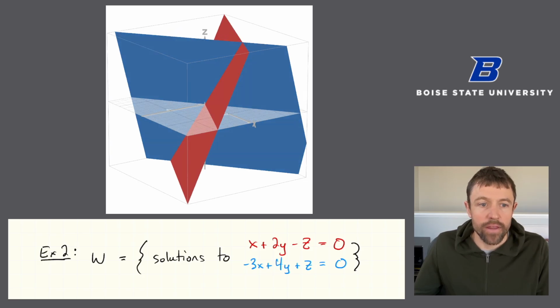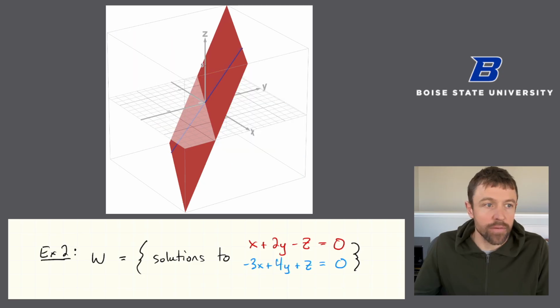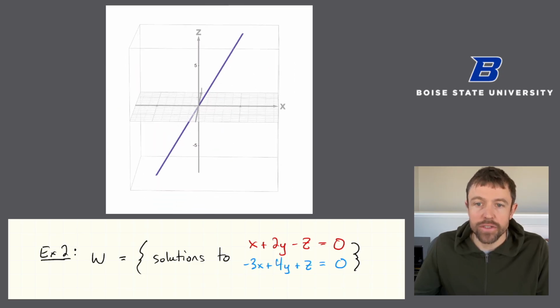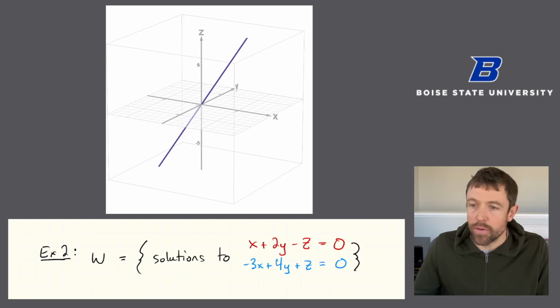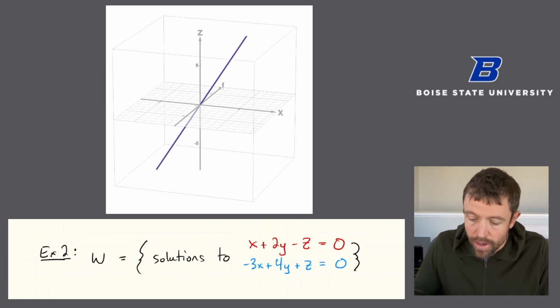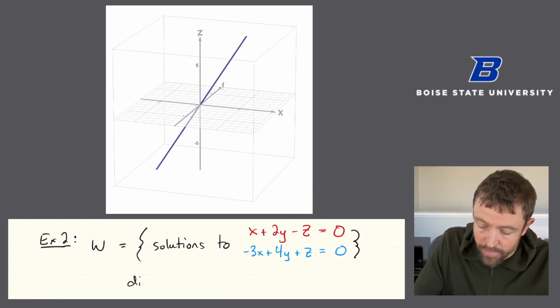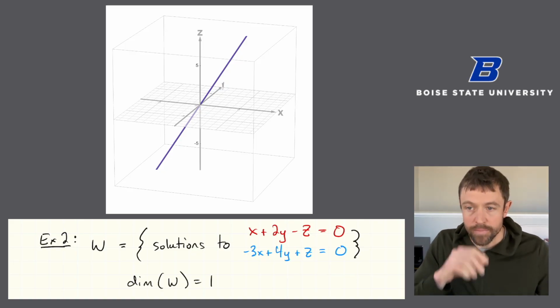And the intersection of these systems is the set of solutions to this homogeneous system. So let's get rid of the planes so we can just see the set of solutions. And again, we have this situation where even though we're in R3, this looks one-dimensional. This looks like a line to me. And so I want to be able to say something like the dimension of W is 1.